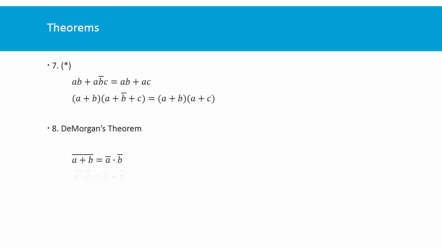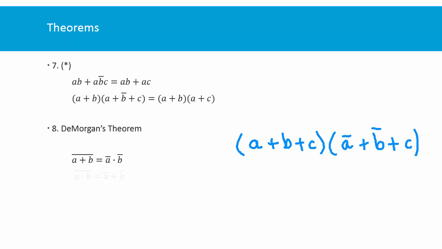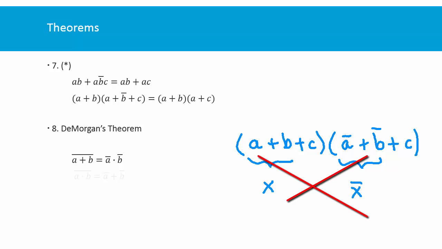We also have DeMorgan's theorem, and this is very important. One common misconception is that when you have something like this, to think that this one here is as if it was variable x, and this one here is as if it was x inverted. And this is totally incorrect. Be very careful.